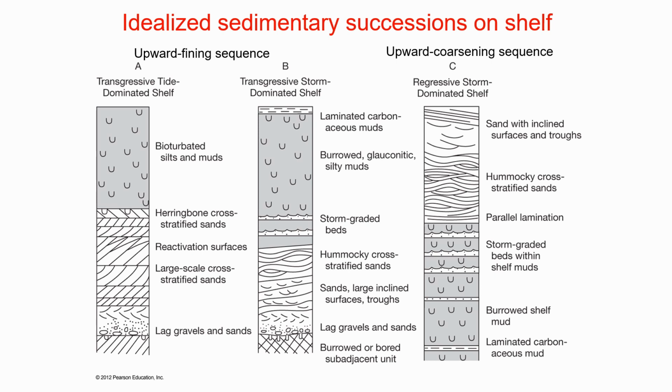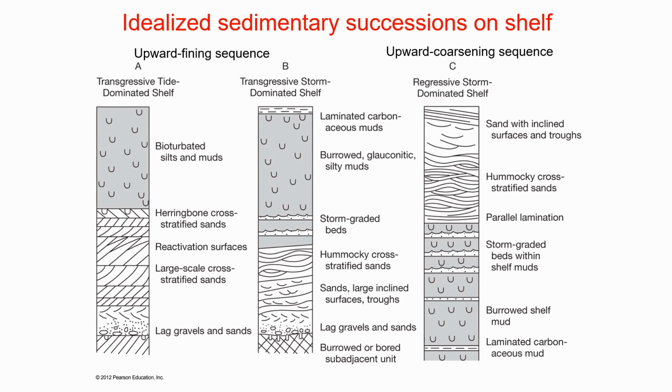And in the regressive storm dominated shelf, which is scenario C, we are in a regressive condition. It means that the sea level is lowering and the water depth of the sea is decreasing. Therefore, the energy of deposition increases through time.